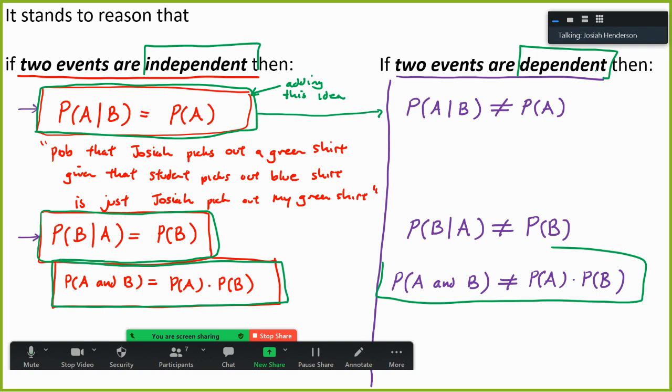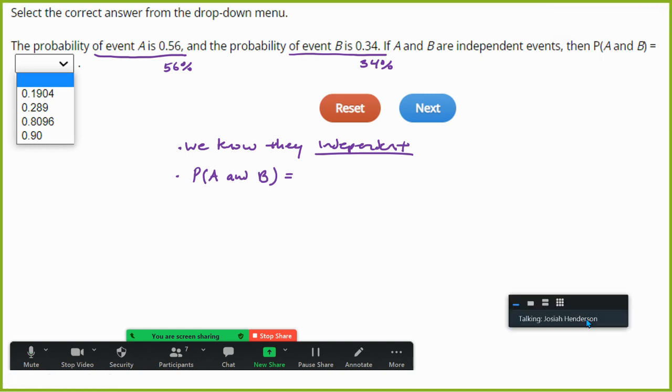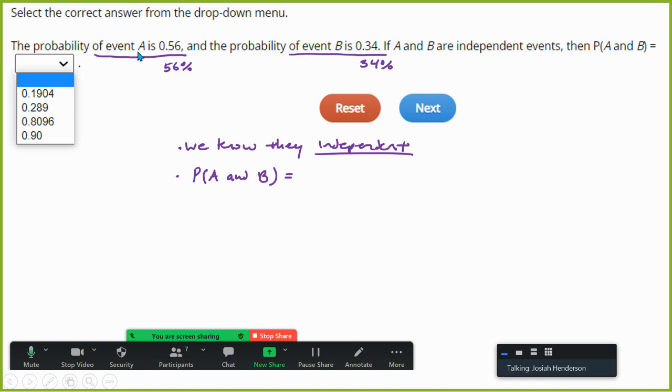Okay, so going back to that first example from Momentum, I'm going to read it again from the top. The probability of event A is 0.56, so basically 56%. And the probability of event B is 0.34, which is 34%.